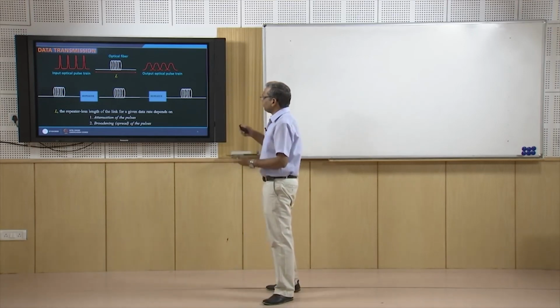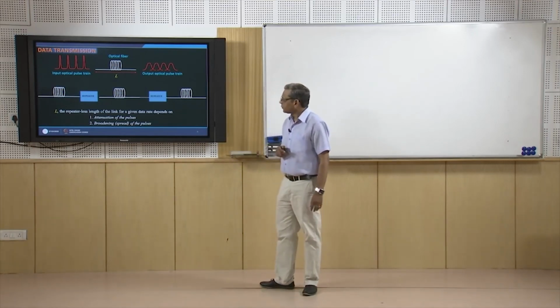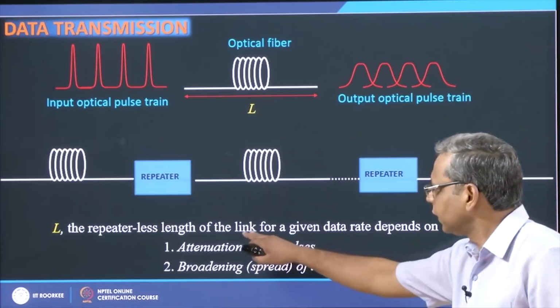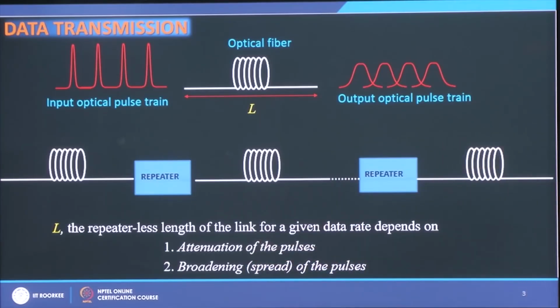So I come back to this slide again, where we had seen that the repeaterless length of the link for a given data rate depends upon attenuation and broadening of the pulse.